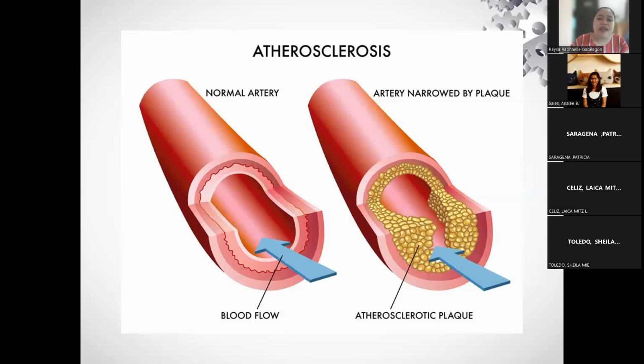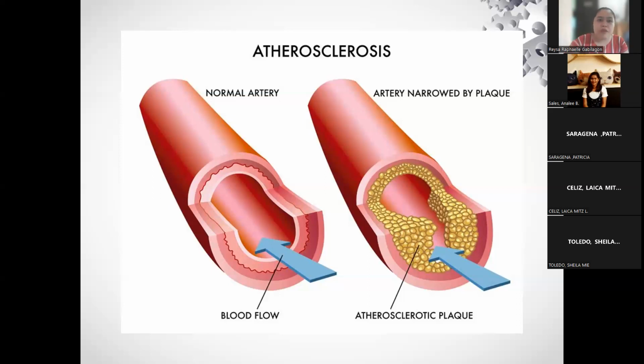So what is this atherosclerotic plaque? Atherosclerotic plaques are made up of cholesterol, okay? This cholesterol, in its interaction with calcium, will harden, okay? It will be hardened, and at the same time, it will be deposited on the artery.